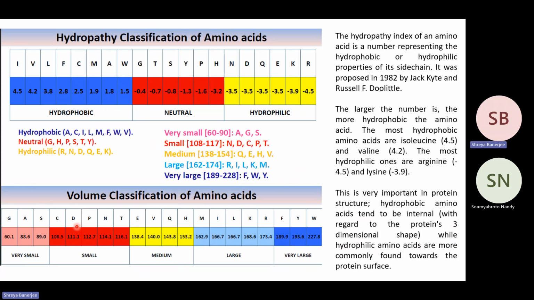Another classification of amino acids is the volume classification, where you have the very small amino acids, which are glycine, alanine, and serine, and then gradually increasing sizes till you have the largest amino acids, which are the aromatic amino acids, phenylalanine, tyrosine, and tryptophan. Tryptophan, we have already discussed, is the amino acid with the largest molecular weight. So these are the different classifications of amino acids.